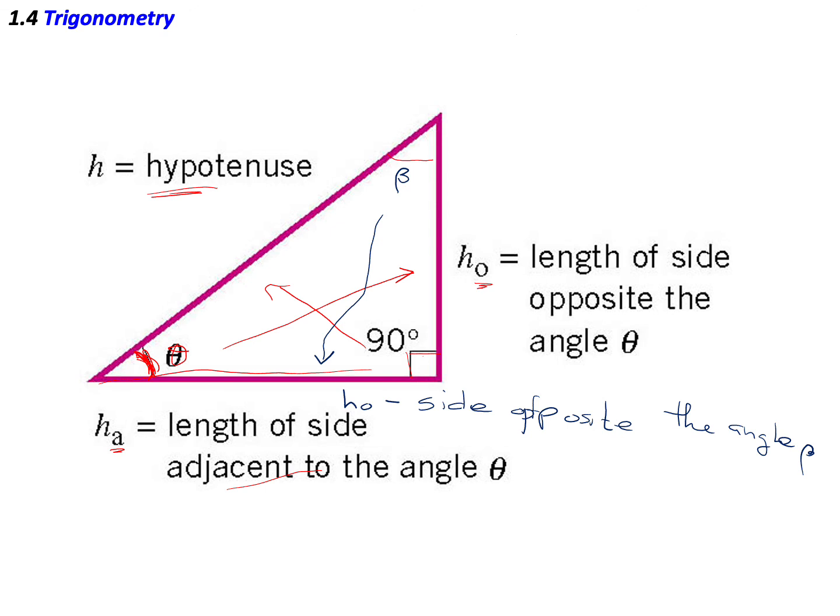So depending on the selection of your angle, the opposite side can change. If you use this, this is your opposite. If you use this, this is your opposite length.